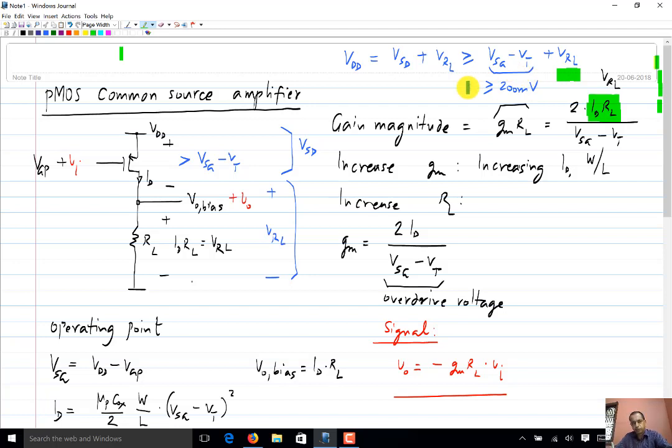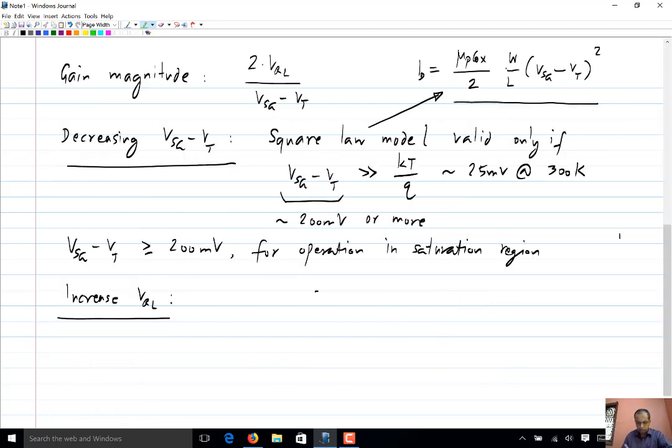Okay, so now we see that if we increase VRL, we have to increase VDD. Okay, so we have to use larger and larger supply voltages, and to get a feel for numbers, let's see the kind of numbers we are talking about.